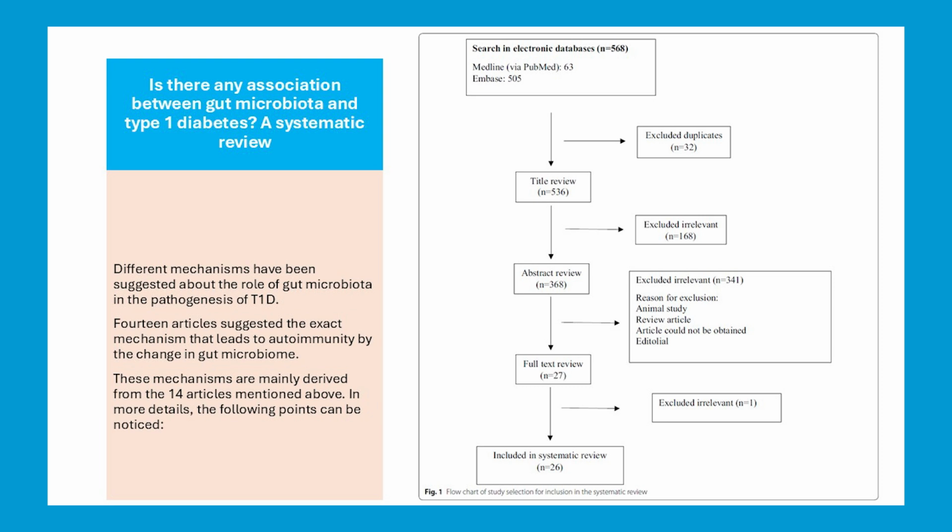That leads to bacterial penetration. The penetration of bacteria into intestinal mucosa leads to stimulation of the immune system and production of antibodies against them. Cross-reaction of these antibodies and surface antigens of pancreatic beta cells, as well as T cell cross-reactivity, results in the destruction of beta cells and formation of type 1 diabetes.